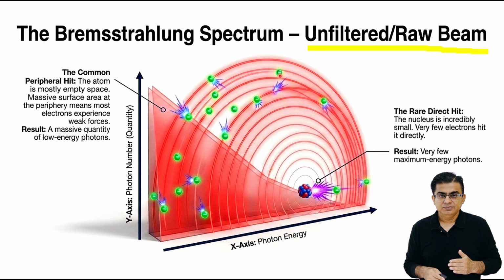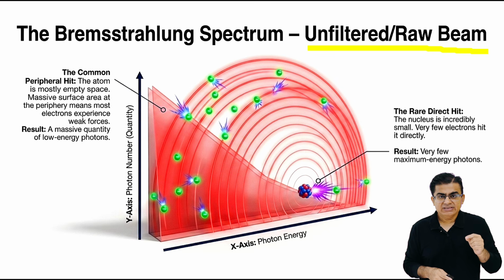See this curve. It is the entire spectrum of the Bremsstrahlung X-ray beam. Now first look at the far right side of the curve. I want you to look at the height of this curve in this region. This is small.